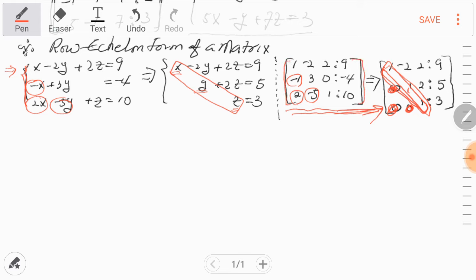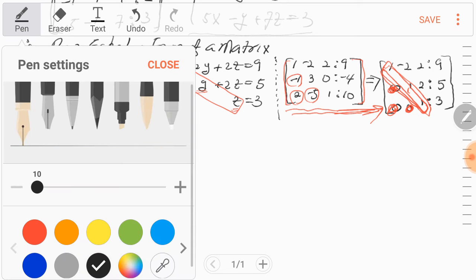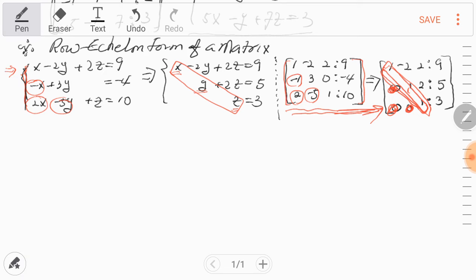Okay, from this system of equations, we will eliminate the negative x from the second equation. So why don't we just use the first equation, so that we can add the first equation to the second. Then the first equation will be unchanged. And the second equation is the first plus the second.